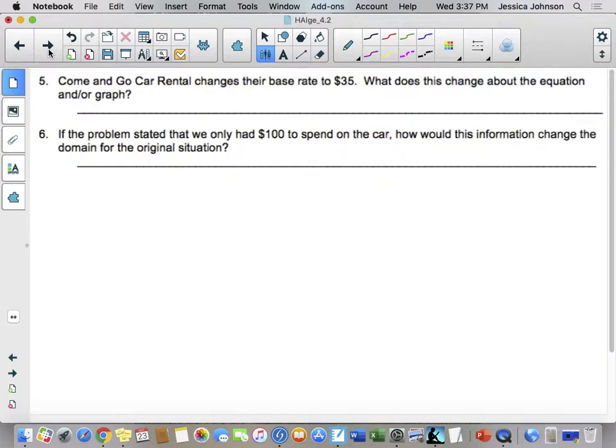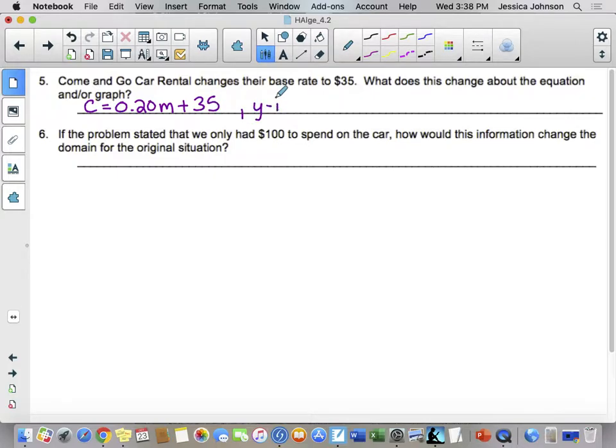The next couple questions, number 5 says, Come and Go Car Rental changes their base rate to $35. What does this change about the equation or graph? So in my equation, it is going to change from adding 25 in the back half to adding 35. So my equation is going to change to 20 cents times m plus 35. That changes my y-intercept.